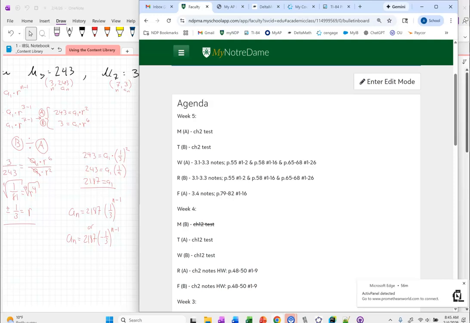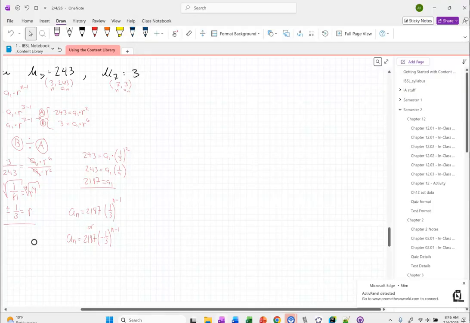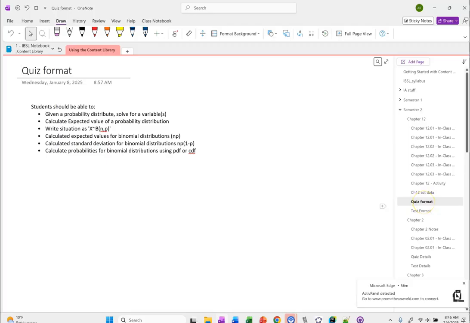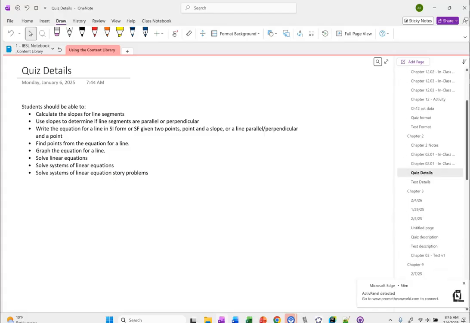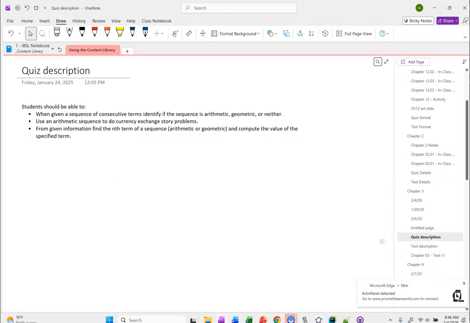Okay. So the quiz would cover just the stuff we talked about today. Oops, wrong chapter. Okay, so on the quiz, you should be able to identify sequences as arithmetic, geometric, or neither.